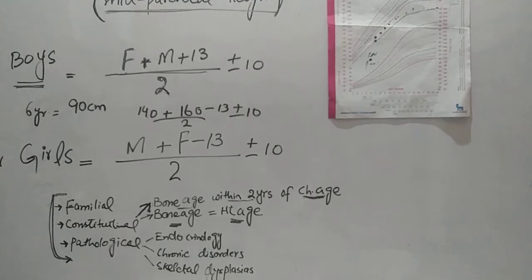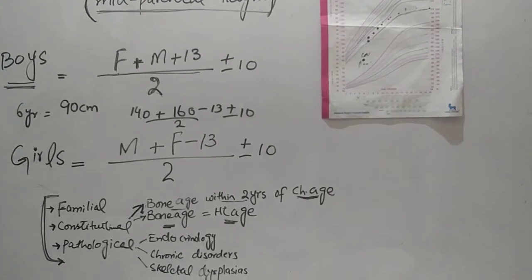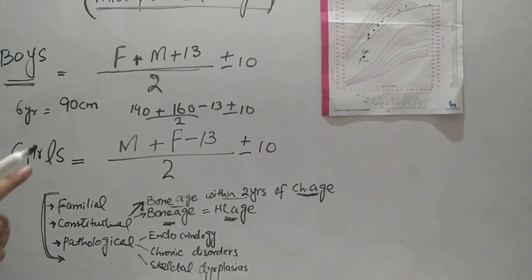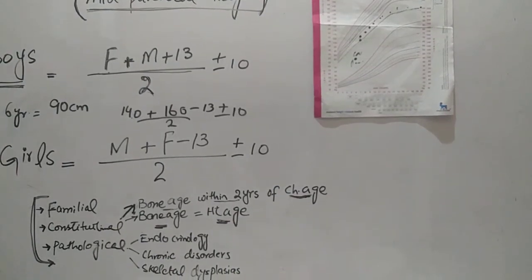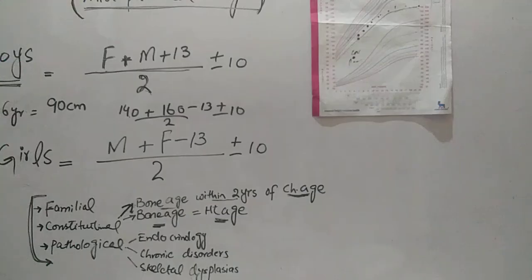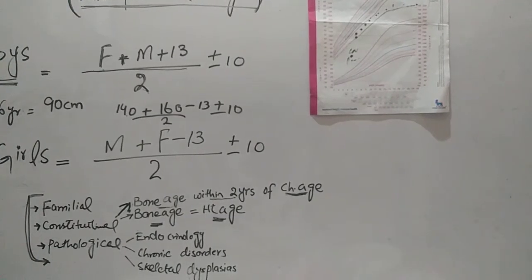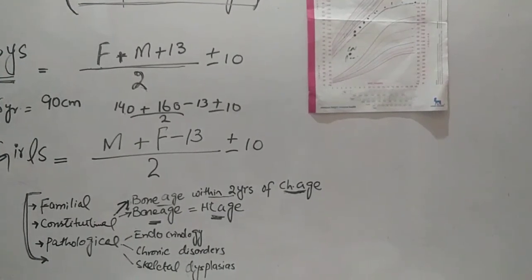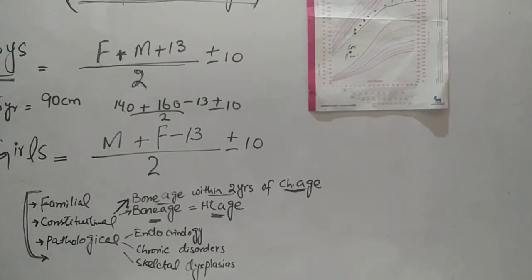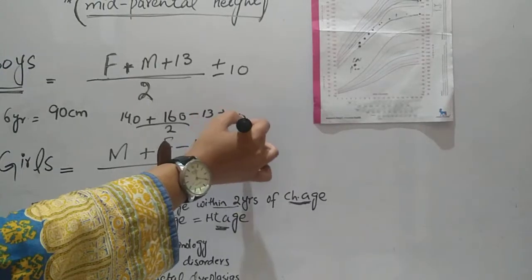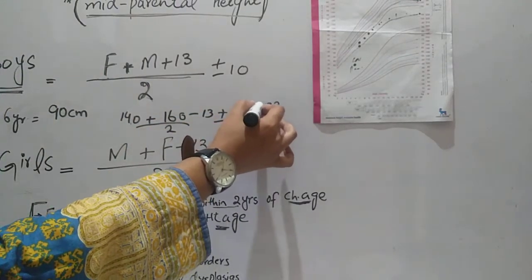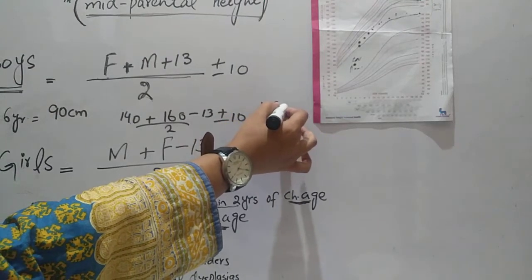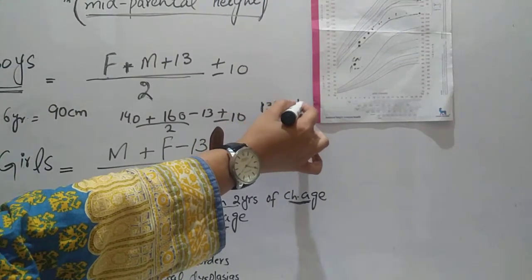You will calculate this target height. 140 plus 160 is equal to 300, minus 13, divided by 2, is 143. 143 minus 10 is 133, and 143 plus 10 is 153.